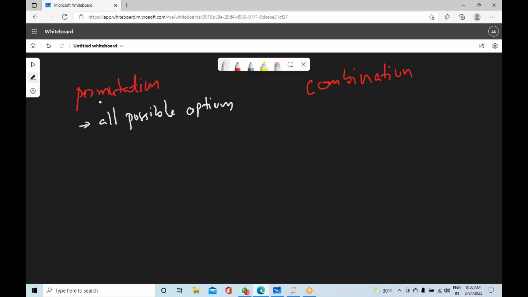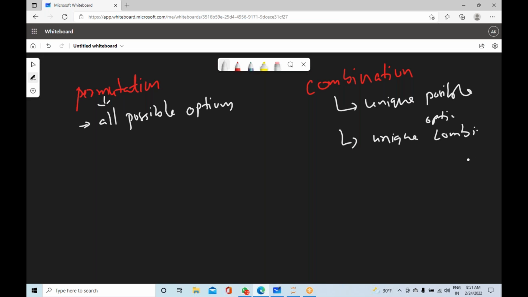Just a simple thing: permutation is nothing but all possible options. Coming to combination, in the sense of unique possible options, or you can say unique combinations. This is the small difference, guys.